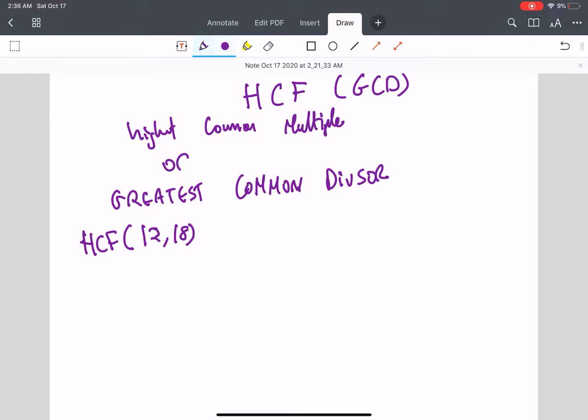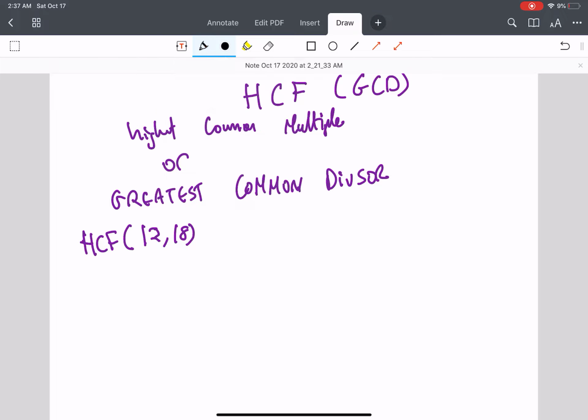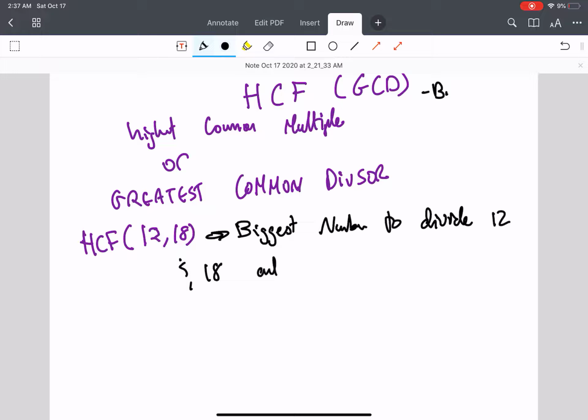We want to know the biggest number that can divide both 12 and 18, where the remainder is 0.